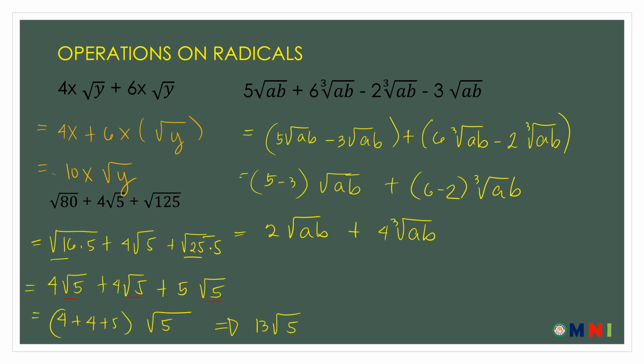So this is how you are going to add or subtract operations on radicals. This is also true with subtraction. You just make sure that they are the same. If not, then as is like this, you cannot combine them anymore. So you will just stop there.